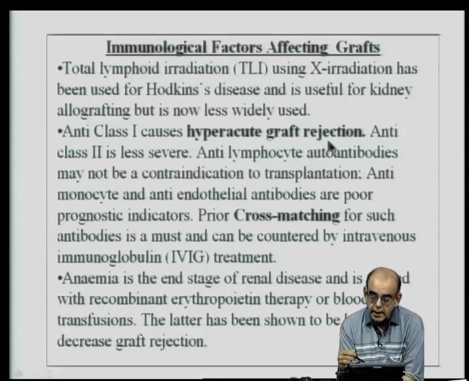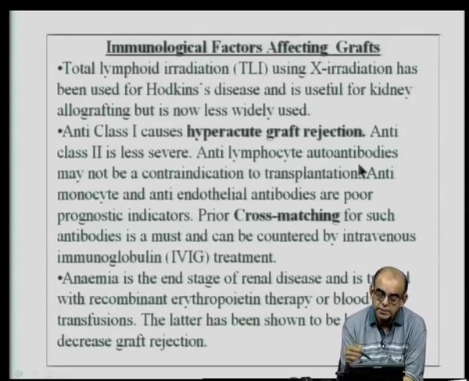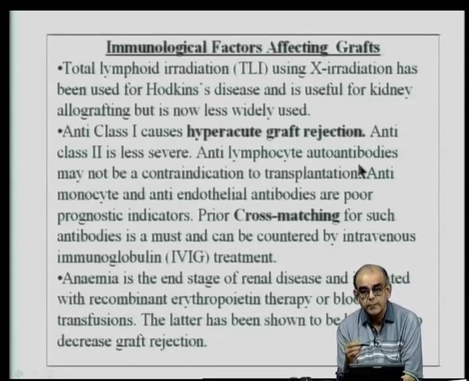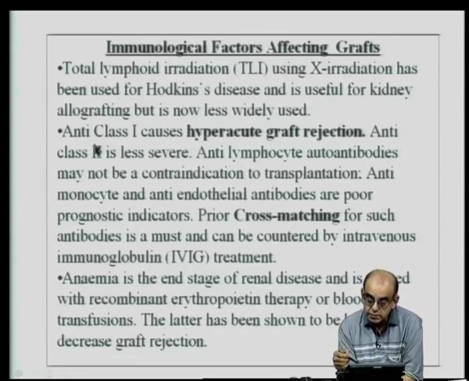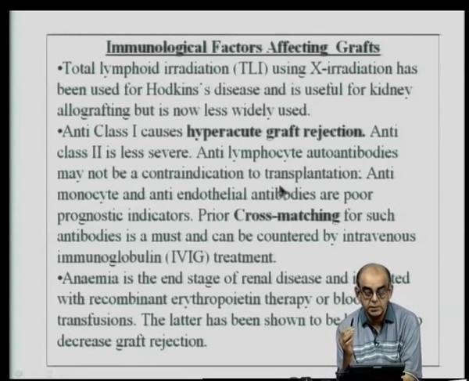Anti-lymphocyte autoantibodies of course can be present, and they do cause problems, but not as much as anti-class 1 antibodies. So, of course, you have to screen for anti-monocyte and anti-endothelial antibodies, which are poor prognostic indicators of good skin graft acceptance.